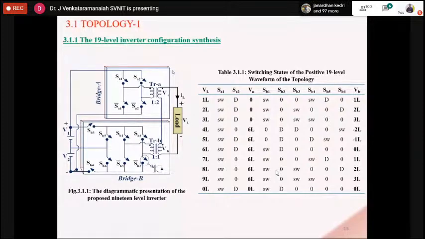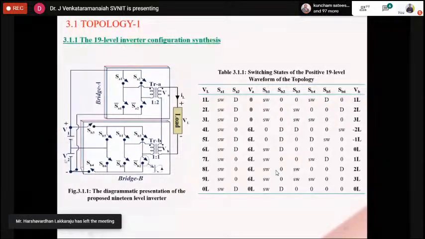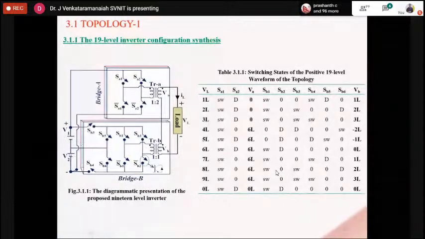Here you see the DC sources. V1, V2 are in the ratio of 1:2, so it is not too much of a difference. This bridge B is operating at PWM, and bridge A is operating at fundamental frequency, and the transformer ratios are also 1:1 and 1:2.